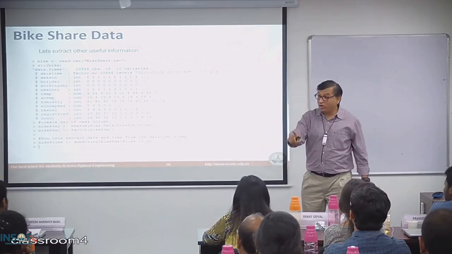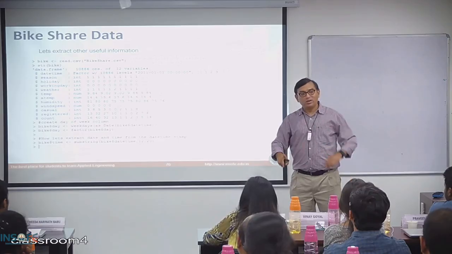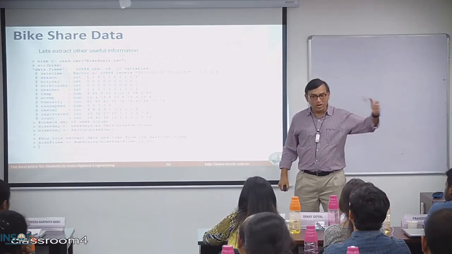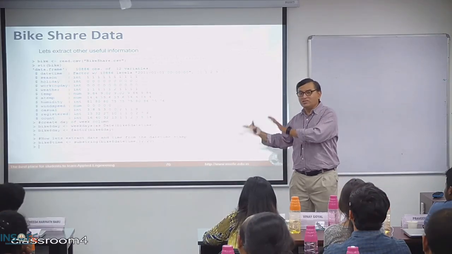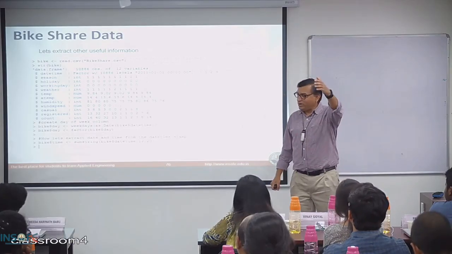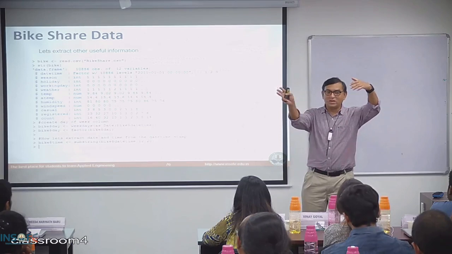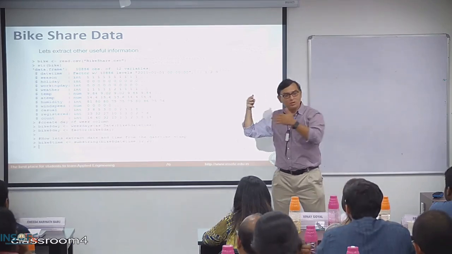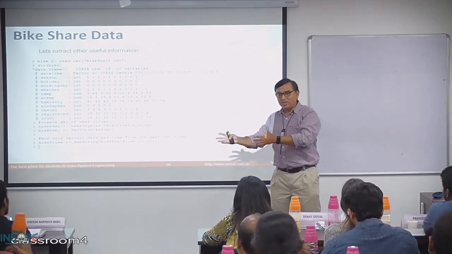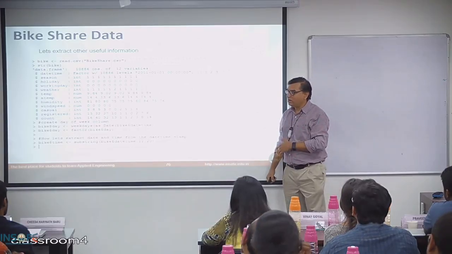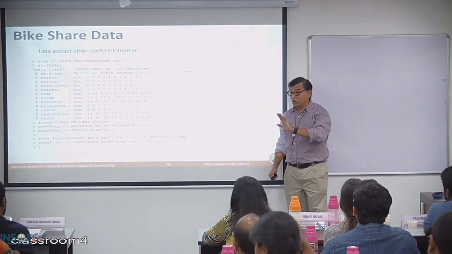It's a categorical variable. Even though time as such is an analog number, we are dealing with it as a categorical variable. We are trying to decide whether 1 o'clock represents the midnight category, and 4 o'clock the evening bike rental category. So we are marking these as categorical variables.